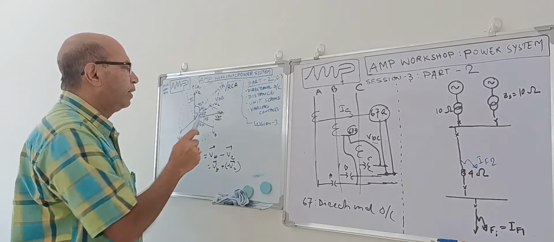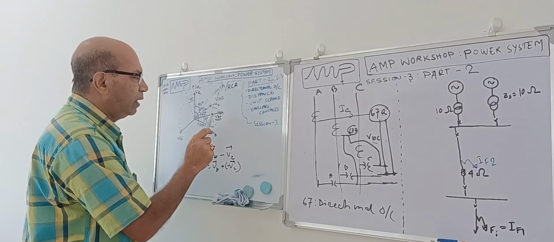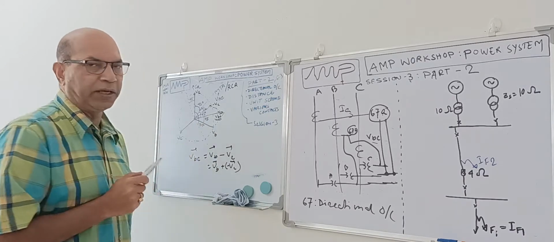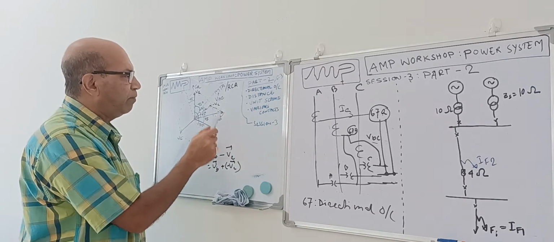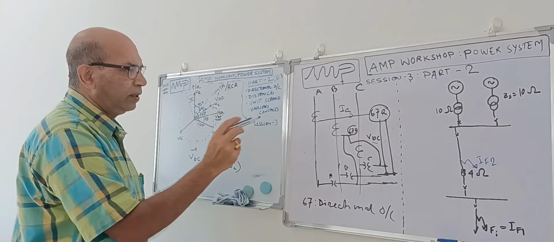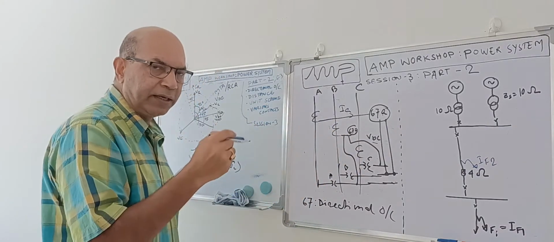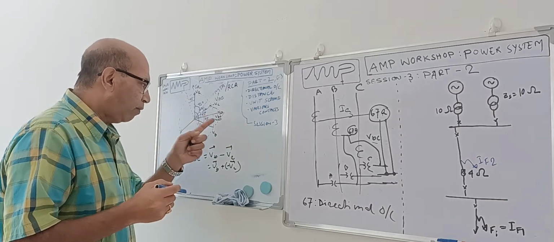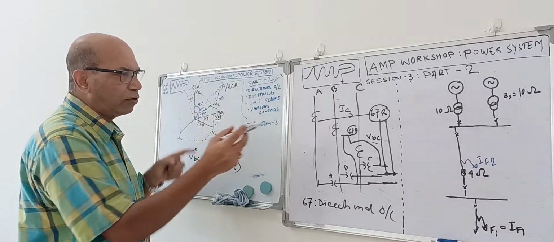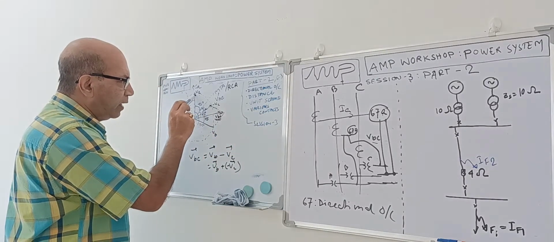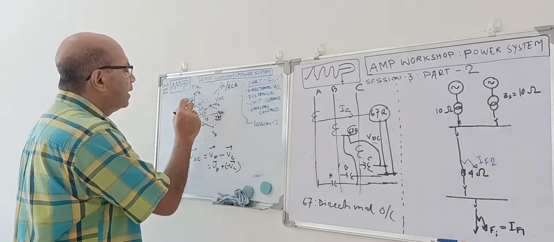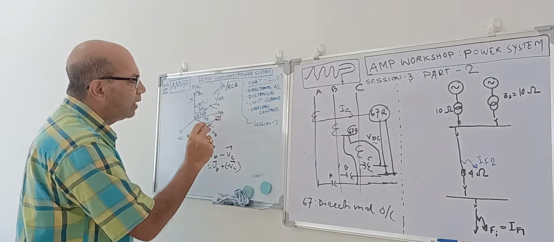We have noticed that if you lead this VBC voltage from this position by 45 degrees, in terms of the original voltage VBC, or the other way, from the phase to neutral voltage of A phase, with that reference, if you make this VBC voltage 45 degree lagging, that means this is a 45 degree lagging in terms of VA, or it is a 45 degree leading in terms of VBC.